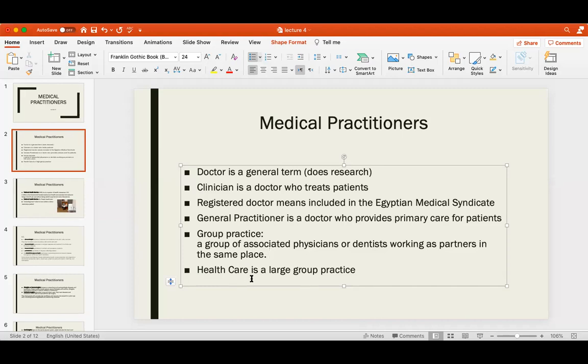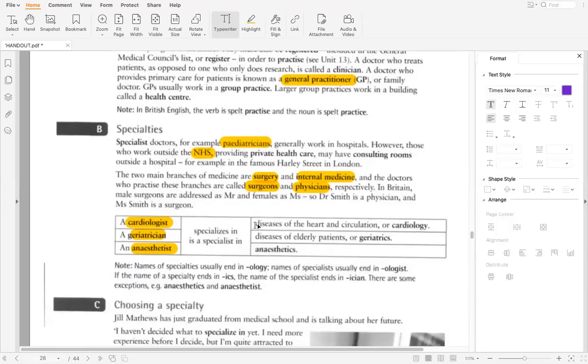That is a building with different doctors in different fields. This is health care. In British English, the verb is spelled practice with S, and the noun is spelled practice with C. All right?